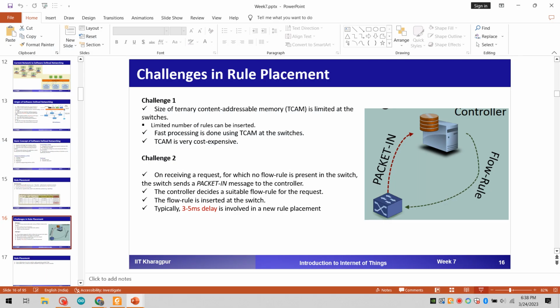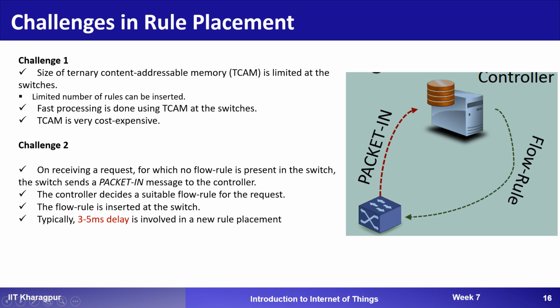So similar to your cache memory, whenever a particular rule is not present at your switch, a packet-in message is sent to your controller, and when your controller receives the packet-in message, it decides the most suitable rule and sends that rule to your switch, and the whole process takes around 3 to 5 milliseconds of delay, right?